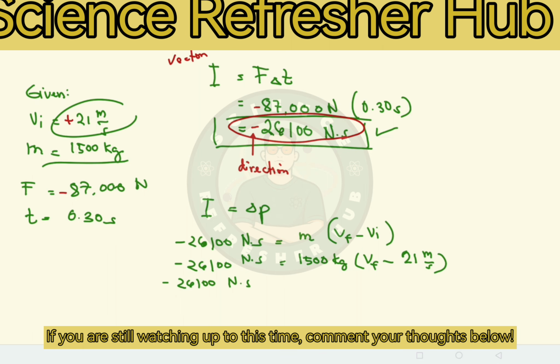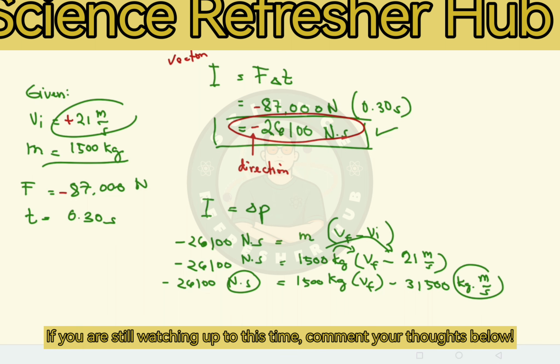Let's copy. So, let's distribute this one, 1,500 kilogram times the unknown minus 1,500 times 21. The answer will be 31,500 kilogram meter per second.